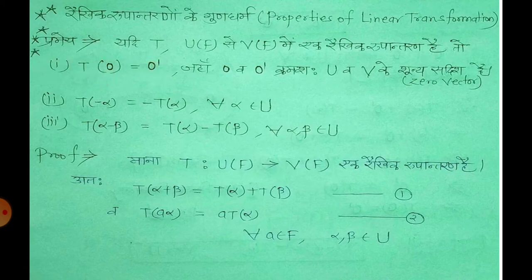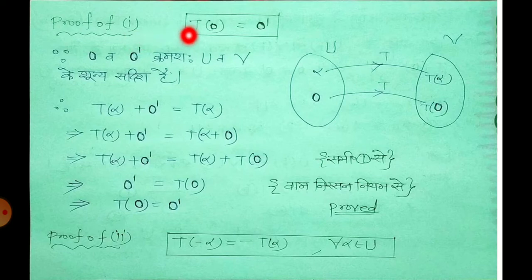T of 0 is equal to 0 dash, since 0 and 0 dash are zero vectors of U and V respectively. In this diagram, this is U and this is V, both are vector spaces.